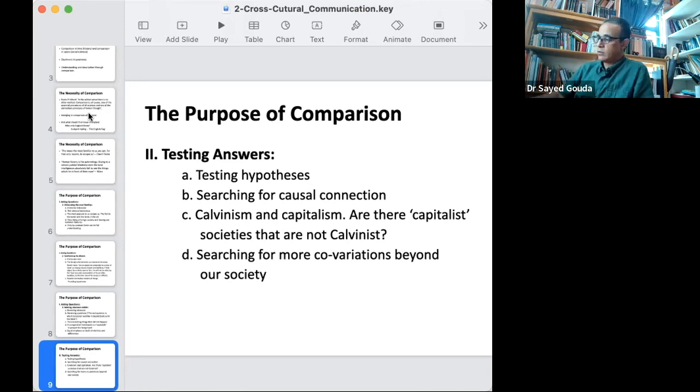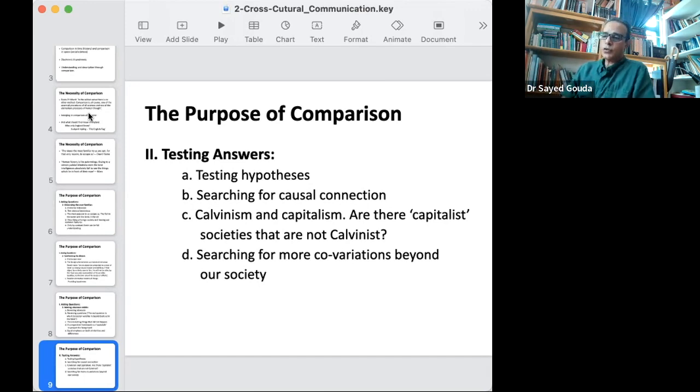And to compare, if this kind of society exists, between a society that is capitalist and Calvinist and another society that's only capitalist but not Calvinist. The idea is always to get ourselves used to asking questions and to find these causal connections between things.